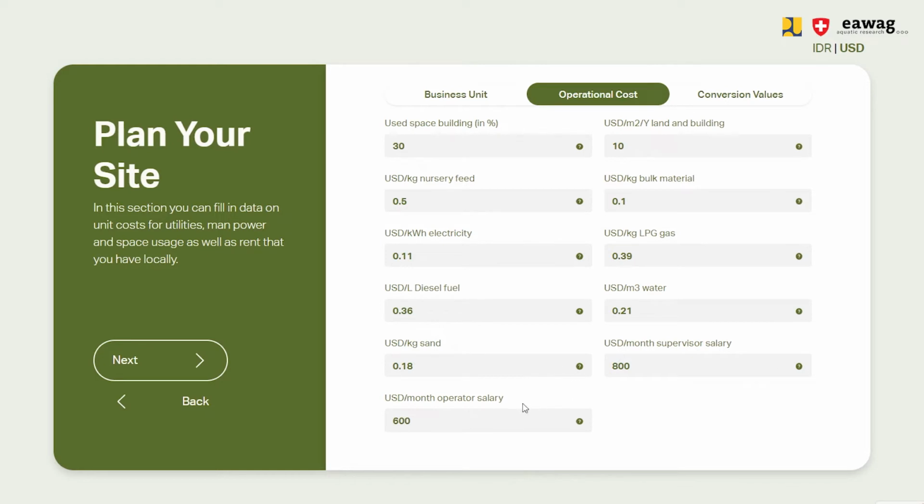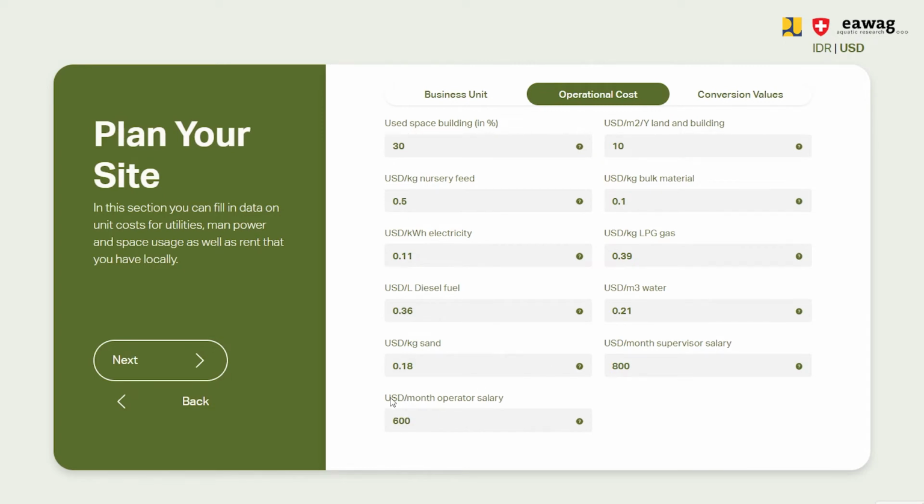Then the last two options are salaries. We have differentiated between two types of salaries. The first one is a salary for a supervisor, and the second one a salary for an operator. Of course, the supervisor salary is a little bit higher because more educational background is required, as well as more experience.